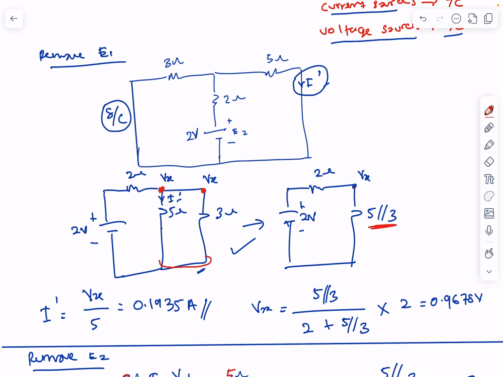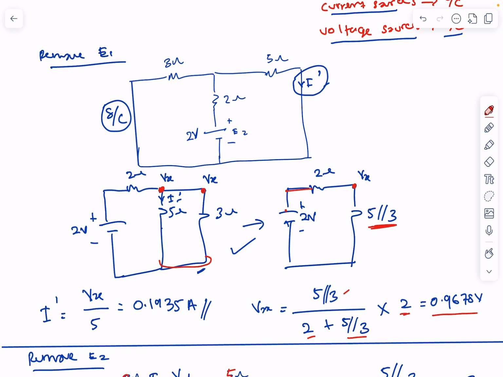Okay. So if you want to use the voltage divider rule, 5 in parallel with 3, divided by 2 plus 5 in parallel with 3, times the 2 volt source from here. So Vx you get 0.9678.